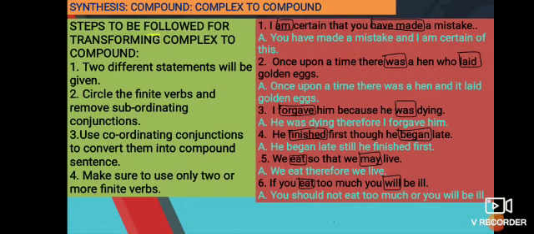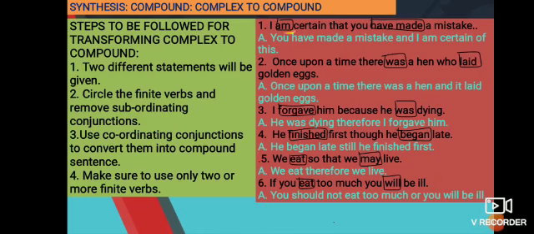Why? Because this is a synthesis of complex to compound. Okay? Now a complex sentence is a sentence that has more than one finite verb joined with a subordinating conjunction. So a complex sentence is already having a finite verb. Okay. Now here in this case you will get the finite verbs with you.